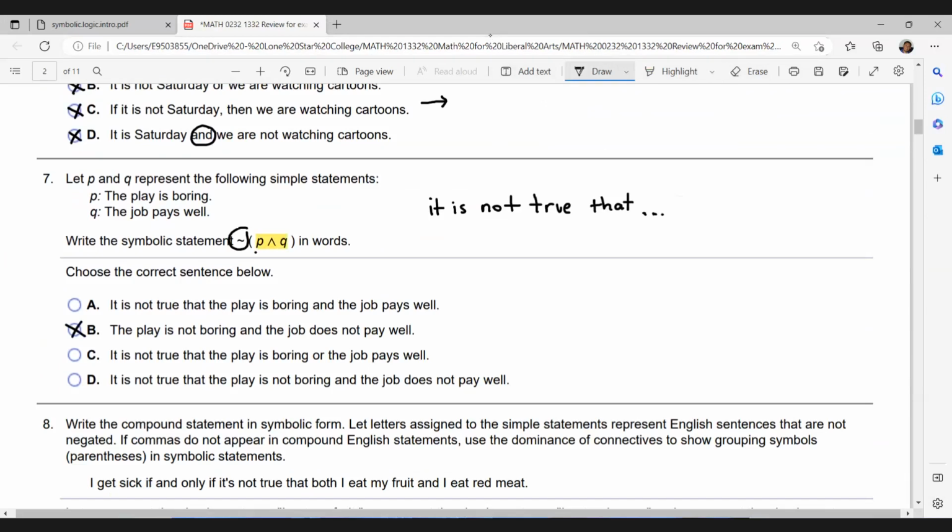Let me make sure, it's right here, that the play is boring and the job pays well.